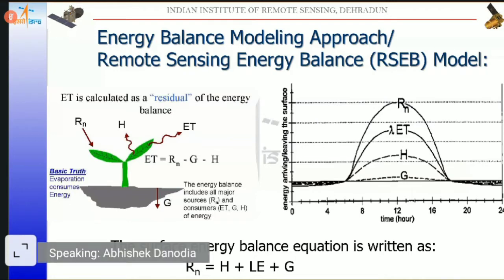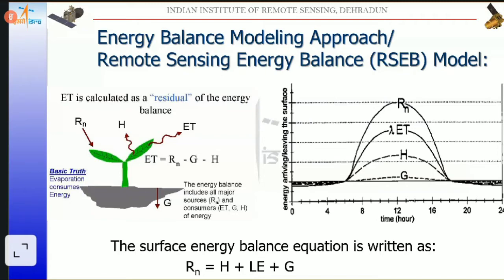So very first, along with H, LE, and G, there are also a few other energy components. These are the metabolic activities used by the plant in terms of photosynthesis, as well as the horizontal advection of heat within the plant canopy. But their fraction is less than 1%.